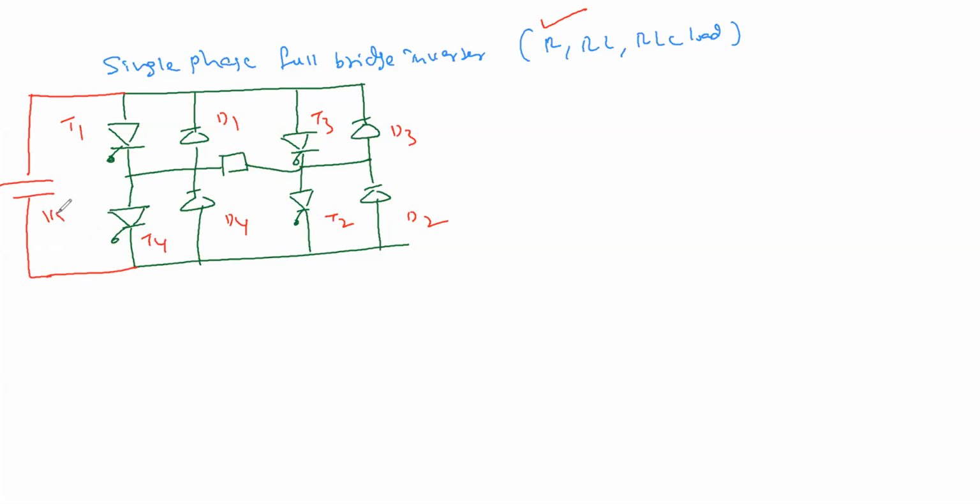There is a supply Vs and output voltage plus V0 and current I0 is the current here now, right?